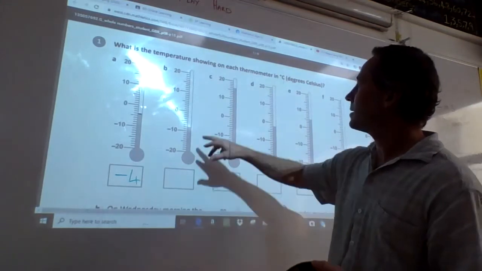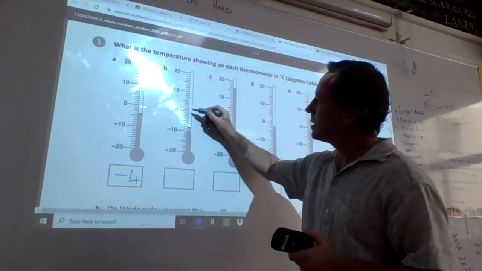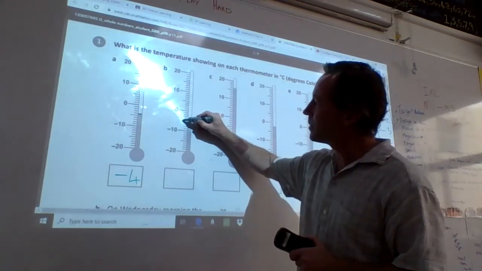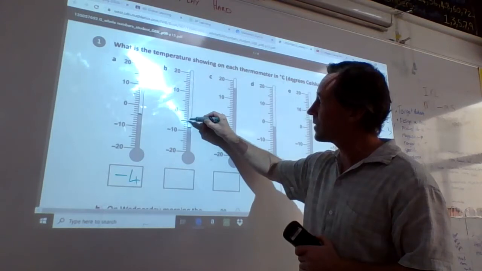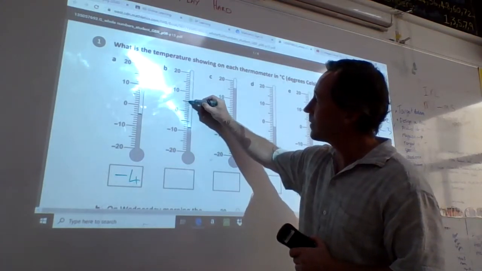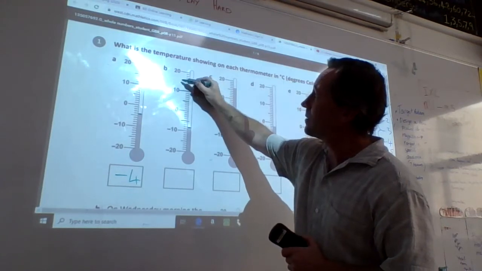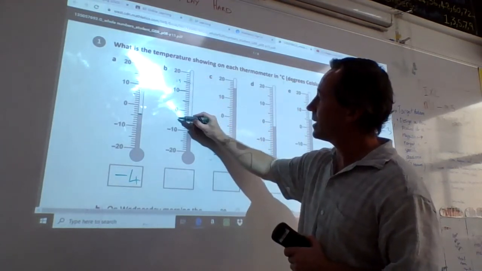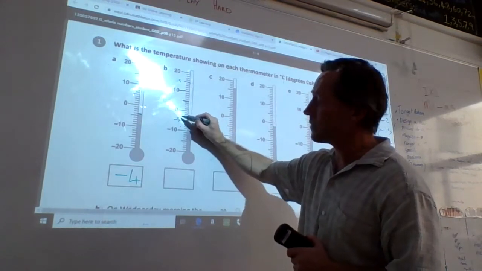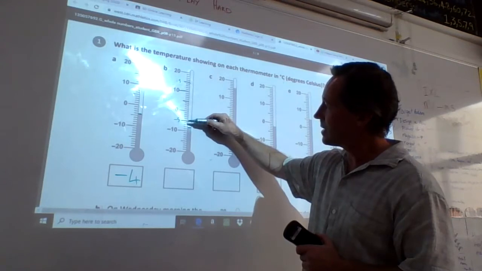Let's look at this one here. This one has come up to here. We're at 0. If you notice these bigger lines here, they're in values of 5. So from 0, there's a 5, and then we've got the big one coming out, 10. This one here will be another 5, which would be 15. So this one here would be -5, where that part is, -6, -7, -8.